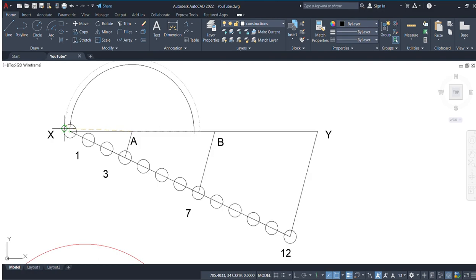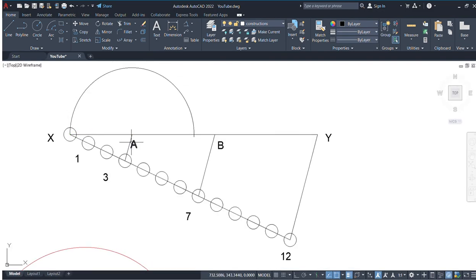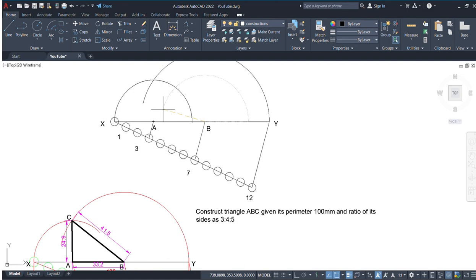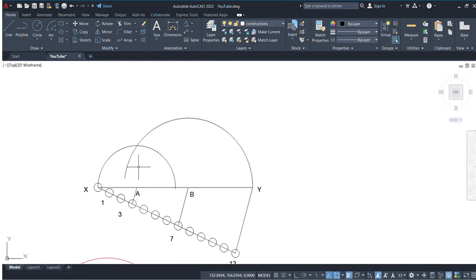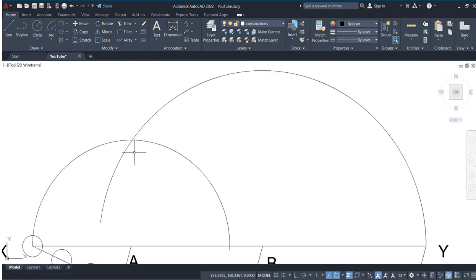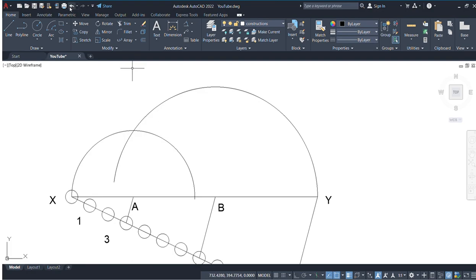Can you see I've drawn an arc? Draw an arc there. Now again with center B and radius BY, draw an arc. So where these two arcs intersect, call that point C.